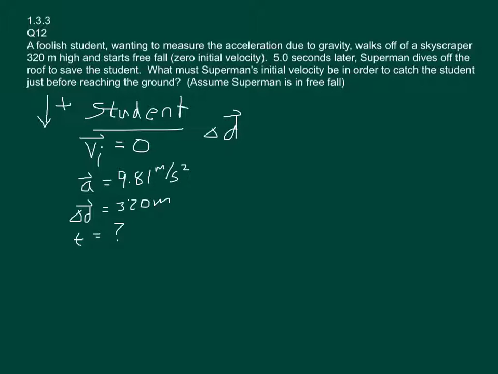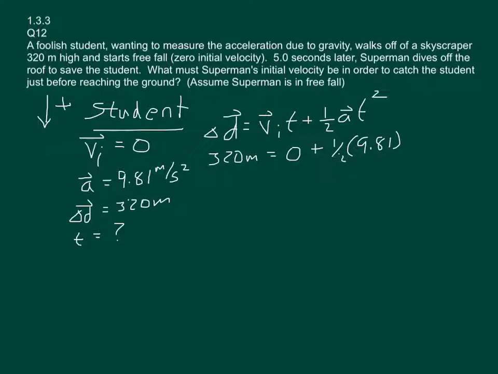Displacement is VIT plus 1/2 AT squared, in which we have 320 meters equals this whole VIT, which goes to 0 because you're multiplying by 0, plus 1/2 times 9.81 times T squared.